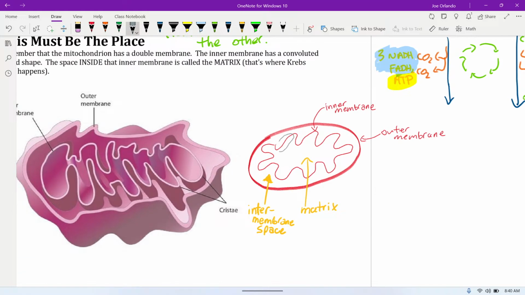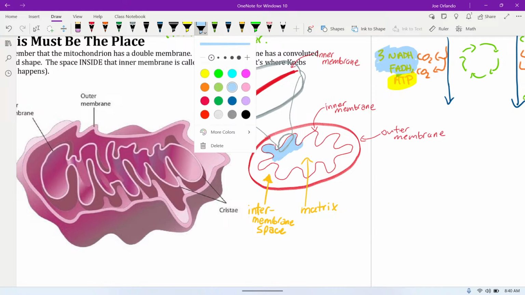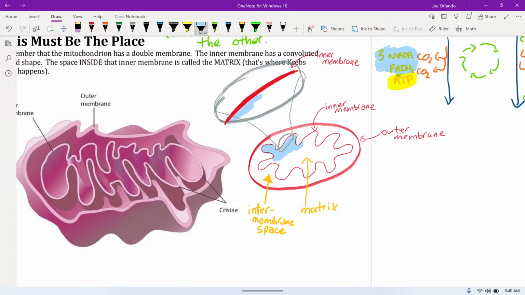But here's what I really want to note. This right here is where what we're doing today takes place. What we end up with is we've got a section of the inner membrane, we've got the matrix on the inside, which I'm going to color in blue just so we can differentiate between them. I'm not going to color the whole thing now. I'll come back and do that after.